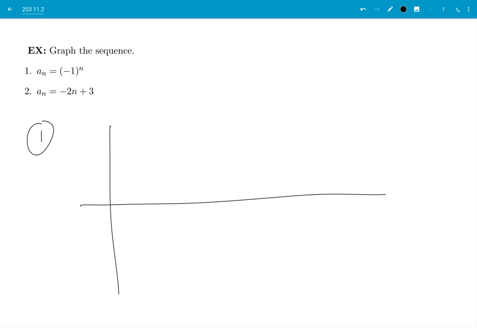Okay, one can get a visual on these sequences just by graphing this as your kind of y, and then this is your x. So for the alternating sequence, we have +1 and -1.